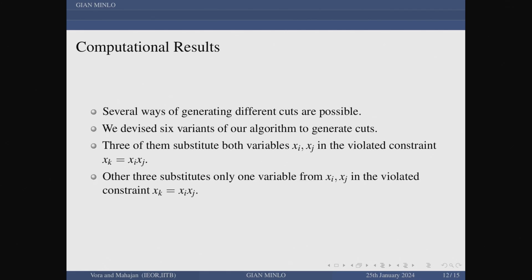In 2 minutes I will talk about some computational results. We have 6 variants of this algorithm. As I said, there are several choices of cuts that can be made, and these variants are nothing but different ways of selecting these cuts. 3 of them substitute both variables, and the other 3 substitute only one of them in this constraint.